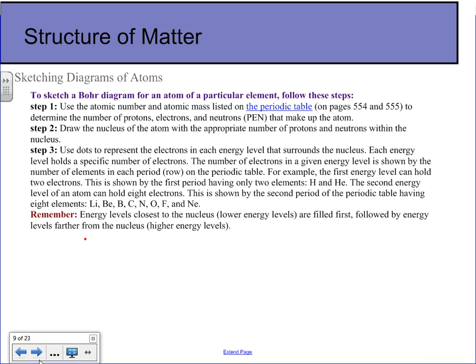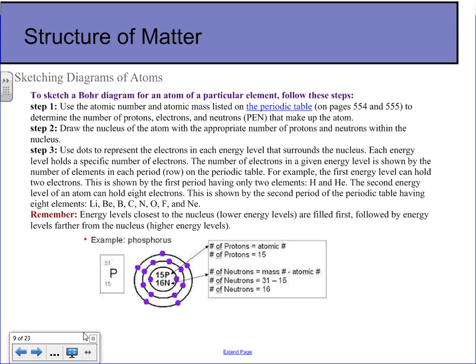This is shown by the second period of the periodic table having 8 elements: lithium, beryllium, boron, carbon, nitrogen, oxygen, fluorine, and neon. Remember, energy levels closest to the nucleus have lower energy and are filled first, followed by the energy levels farther from the nucleus, having higher energy.